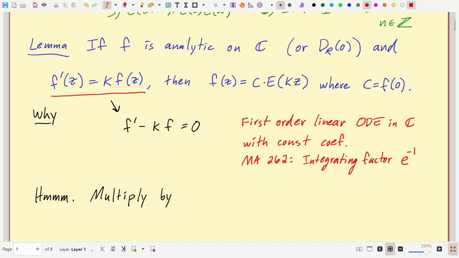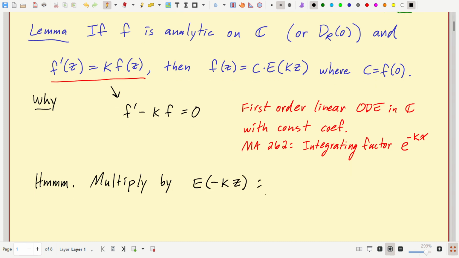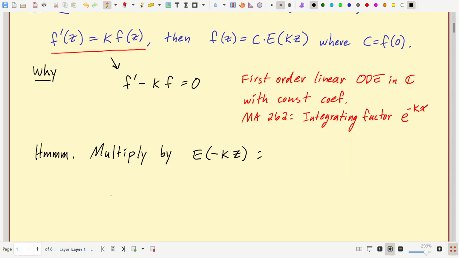And so I'm going to multiply by the integrating factor e to the minus kz. When I do that, I get e to the minus kz times f prime of z minus k times e to the minus kz times f of z. That needs to be 0.